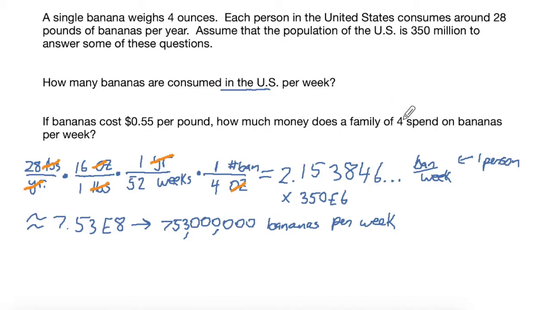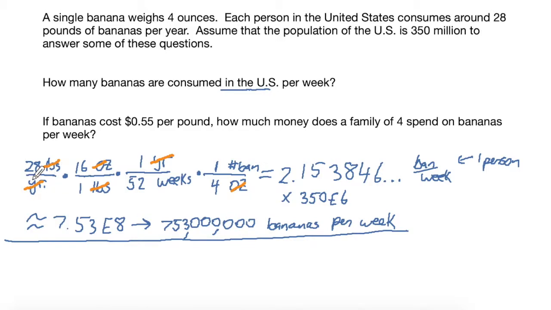So the first thing I'm going to do is multiply this, bananas per week, by the 4 ounces. Then I'm going to multiply by a family of 4, so multiply that by 4. So basically I could just multiply by 16. And then I'm going to have to convert it back into pounds by dividing by 16, basically. There's other ways of going about this. You don't have to do what I'm about to do.